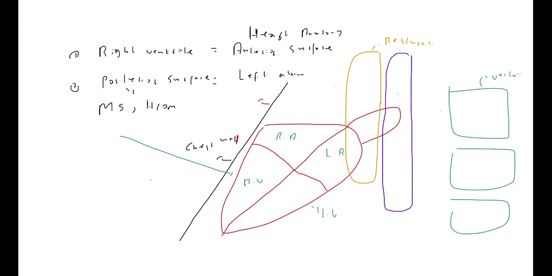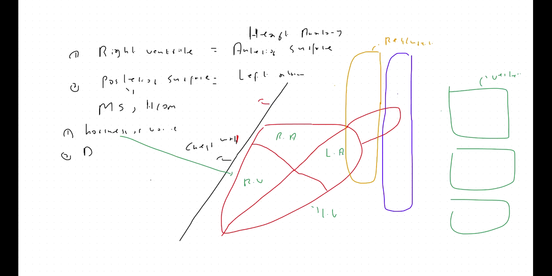If it compresses your left recurrent laryngeal nerve, what will I get? Hoarseness of my voice. And if it compresses your esophagus, what will I get? I will get dysphagia.